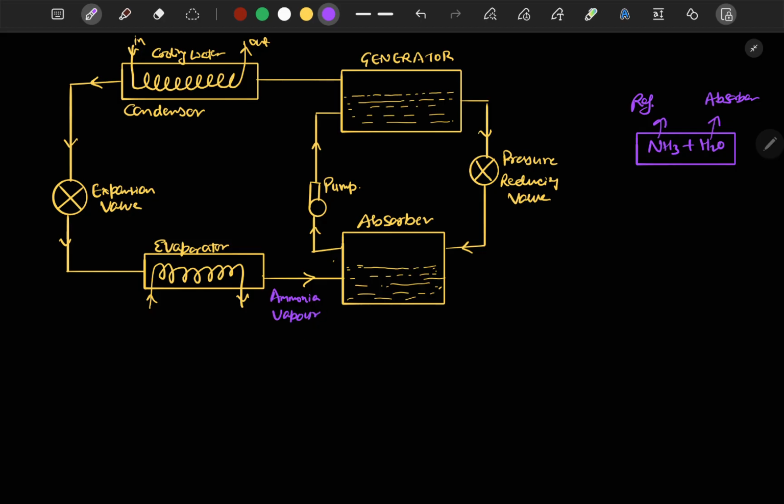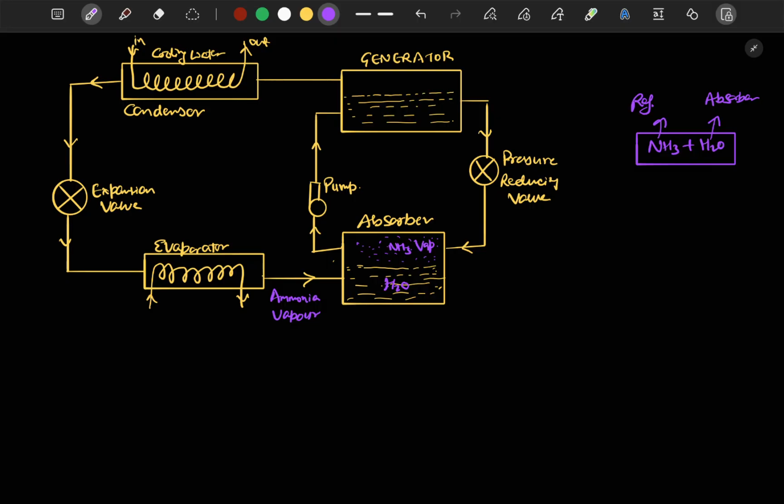Okay. Now what happens in the absorber? In the absorber, when ammonia vapor enters here, this is our NH3 vapor. Since this is our absorber, this is our H2O. So when it enters the water, it is soluble at this low pressure of the evaporator.